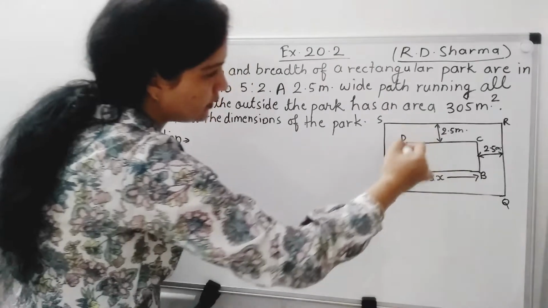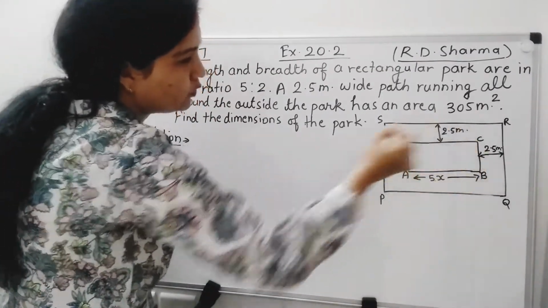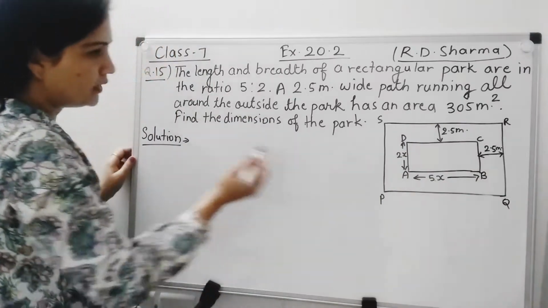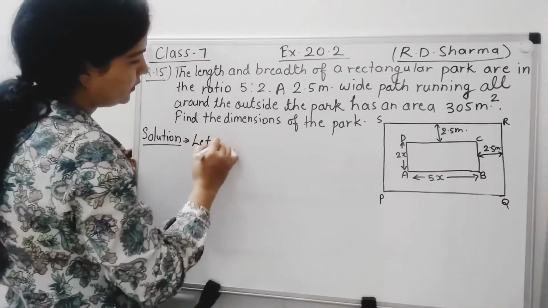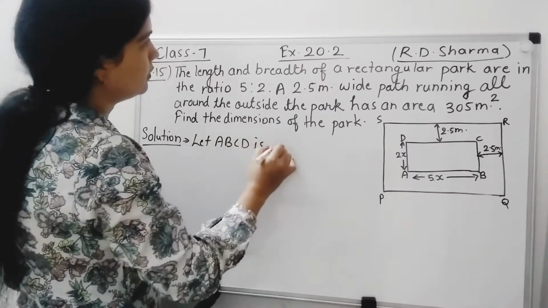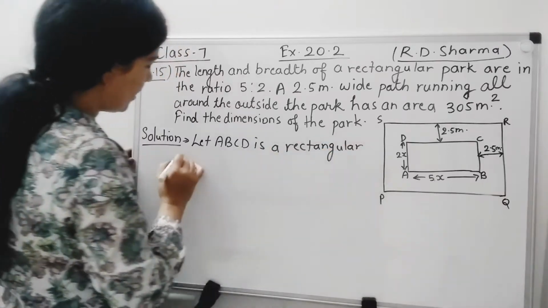Now all around this there is a 2.5 meter wide path. So here it's 2.5, here also it's 2.5. Let's first see the area of ABCD. Let ABCD be a rectangular park.